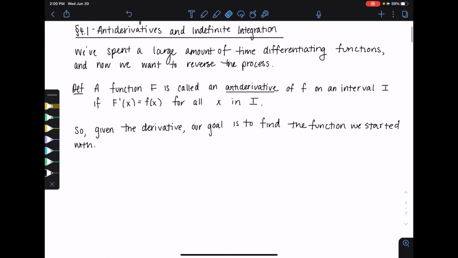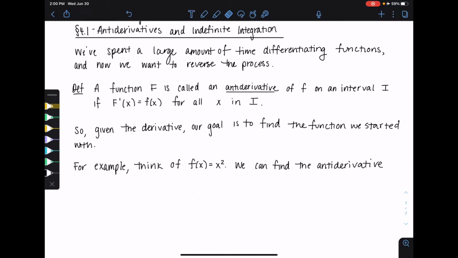So before we get to the rules, before we try to pick apart the pieces, let's try to work with a nice example. And so we'll think of the function f of x equals x squared. If we want to find that antiderivative, we can do that by thinking of our power rule. So normally when we're taking a derivative, the power gets brought down, we decrease it by 1.